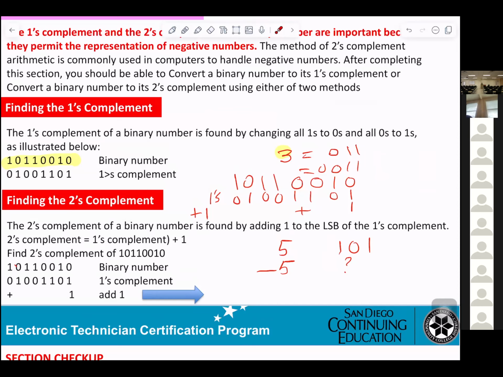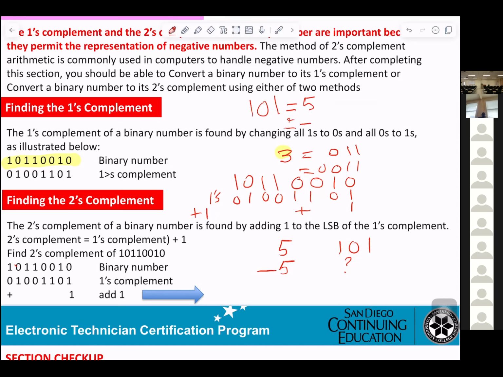I can give you an example. You get a number 1, 0, 1. What number is that in decimal? It should be 5. Perfect. 5. However, I don't want number 5.